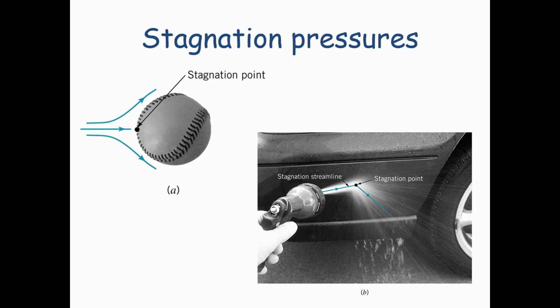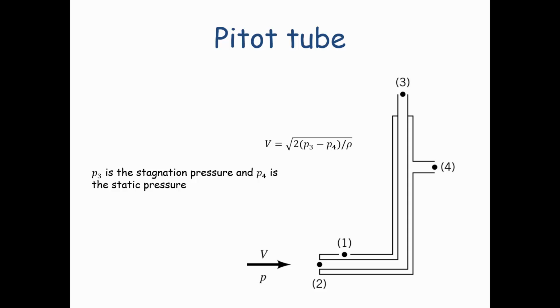So when the fluid drops from the velocity V to 0, the stagnation pressure is 1/2 rho V squared. So we have the stagnation pressure equal to 1/2 rho V squared, where V would be the free stream velocity upstream of the stagnation point.